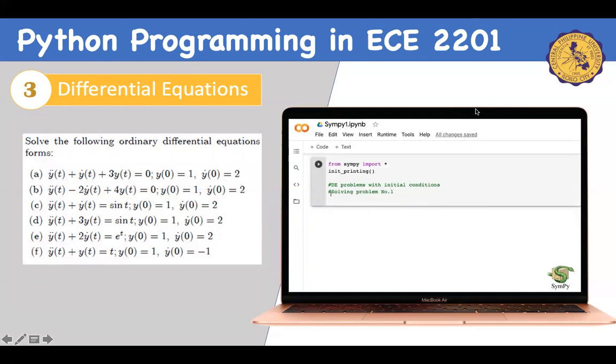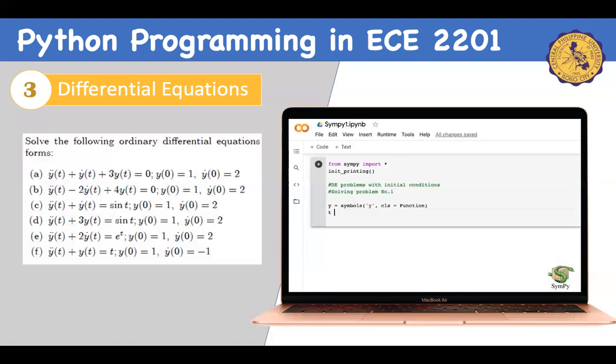Let's start with problem number 1. Take note, before you start, you have to initialize your variable. In this case, instead of f, I will be using y. So symbols, of course, y, with cls as function. So I declare y as a function.